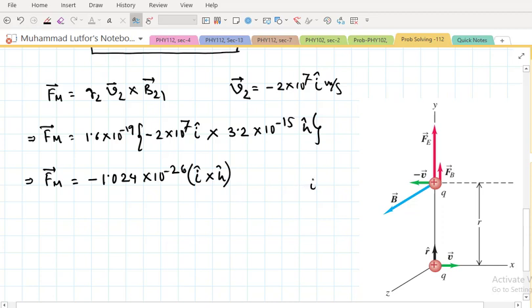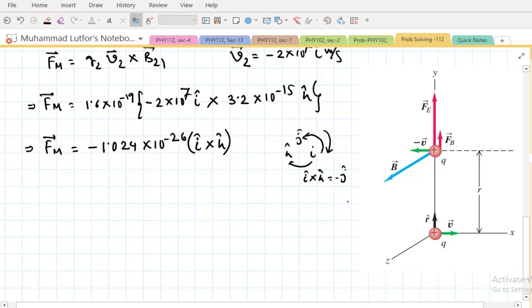Now i cross k would be minus j. You can find out this is i, j and k. If you move counterclockwise, it will be positive. If you move clockwise, it should be negative. Then for i cross k, I'm moving clockwise, right? So i cross k would be minus j. So then I'll find this Fm would be minus 1.024 into 10 to the minus 26 times minus j hat.